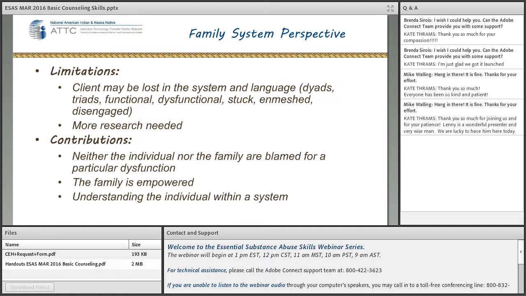Now, one of the things that I really encourage when I work with families is challenging them, because in working in the Native community, one of the things that we really suffer with is codependency. With codependency, it's helping that individual to understand that our feelings are just as important as another family member's.